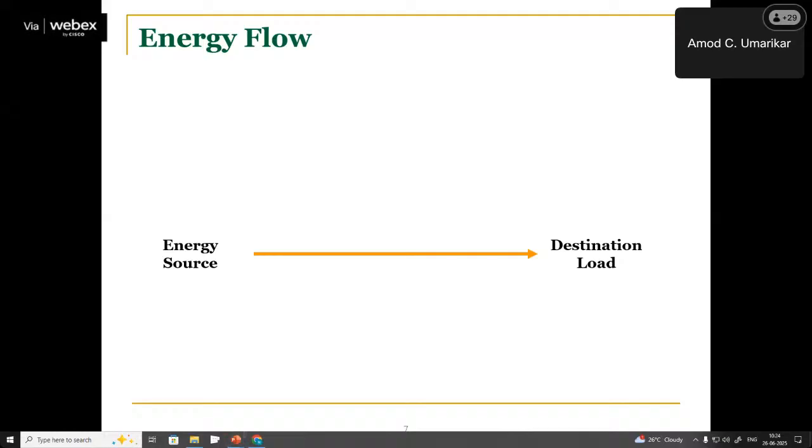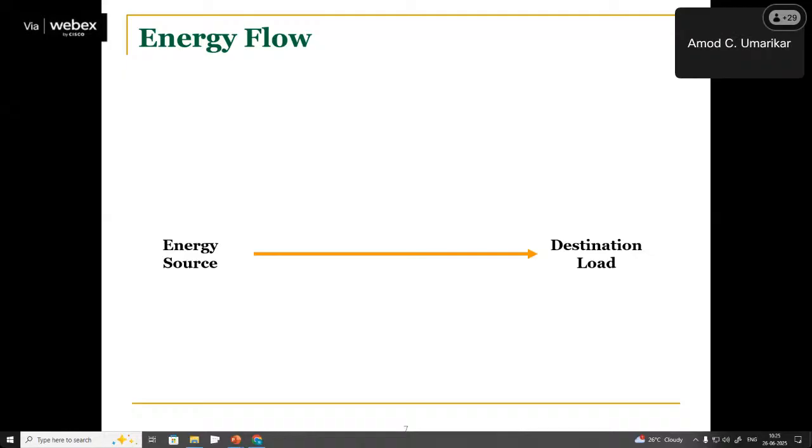Yes, anybody? When energy gets transferred from source to load, what happens? Something happens in between, and then the rest of the energy transfers. Yes, some energy is lost. There will be loss. Exactly.